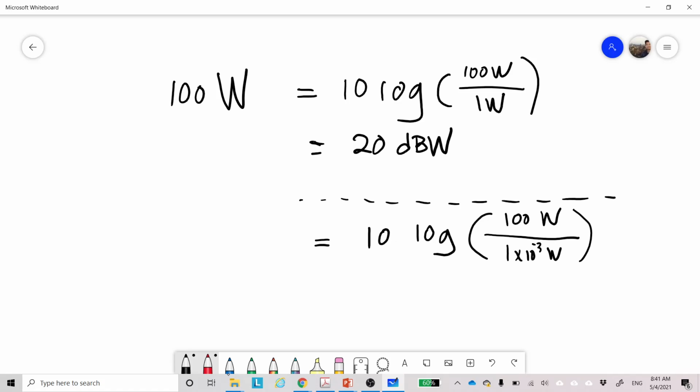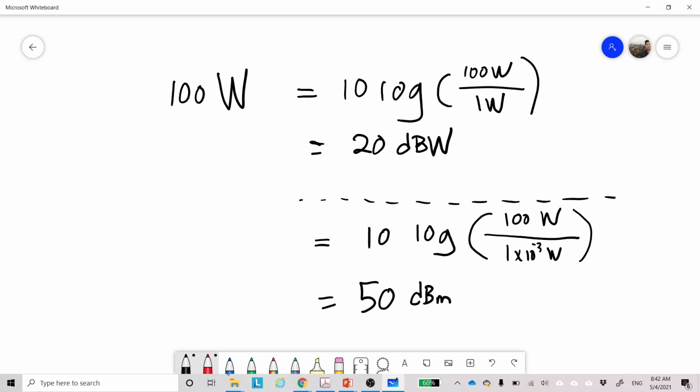You can divide this first. So you will get 50 dB milliwatt, 50 dBm.